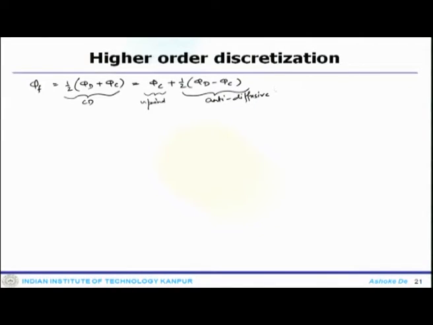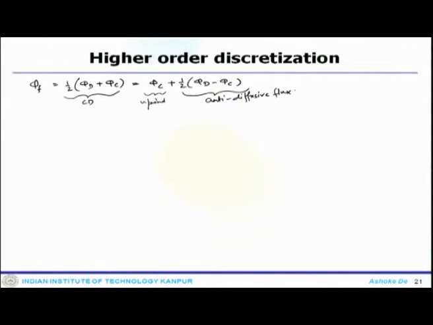So, what we can do is construct a scheme such that the face value can be written as half of phi D plus phi C equals phi C plus half of phi D minus phi C. So, this is your CD, this is your upwind, and this is your anti-diffusive flux.